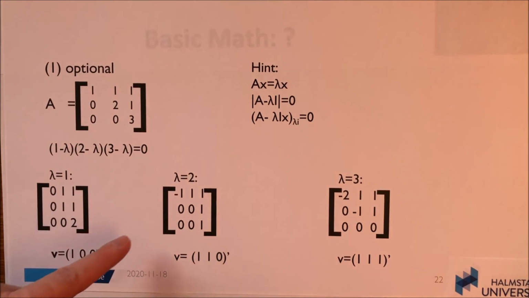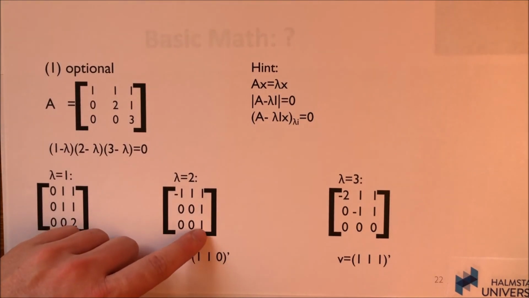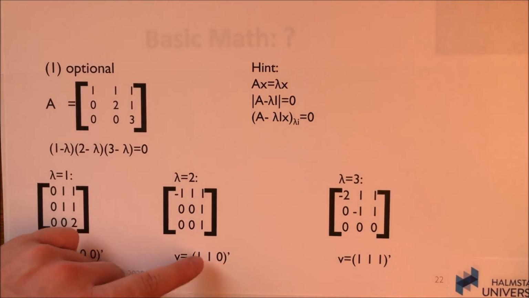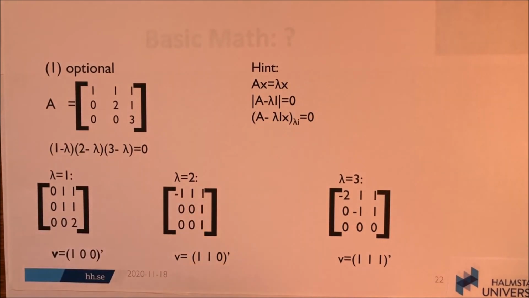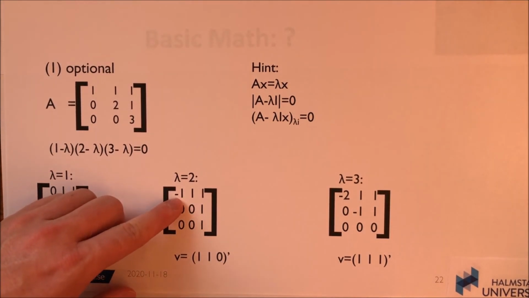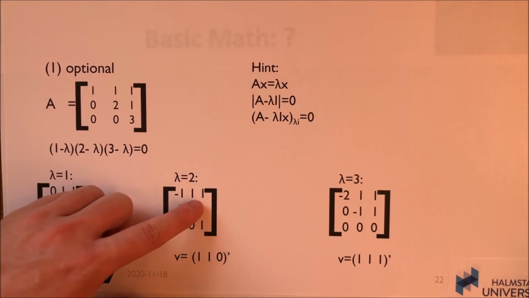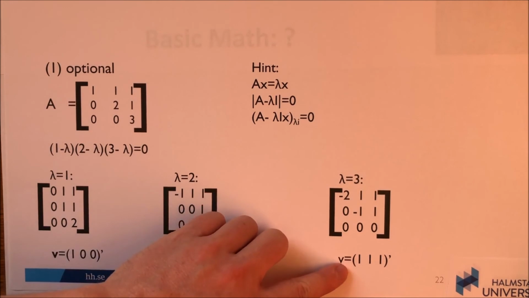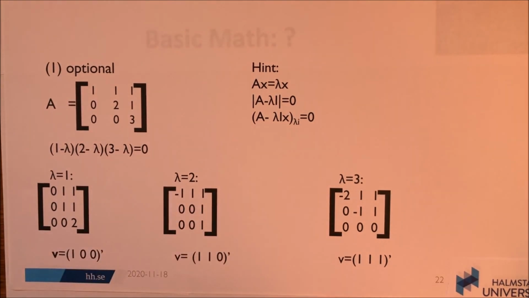And then over here for lambda equals 2, we do the exact same thing, and you will again see that x3 equals 0, so we set that to 0, and then we have negative x1 plus x2 equals 0, so x1 equals x2, and then we have the same kind of thing for lambda equals 3.